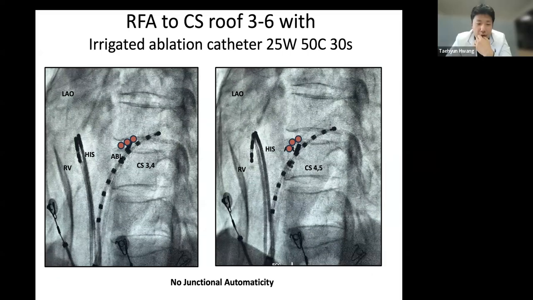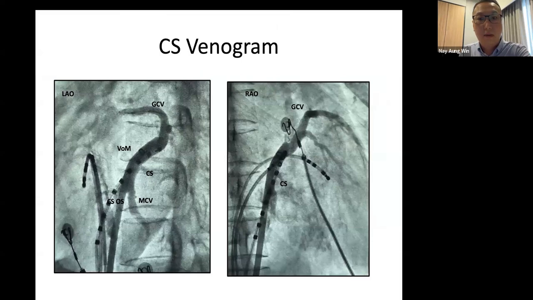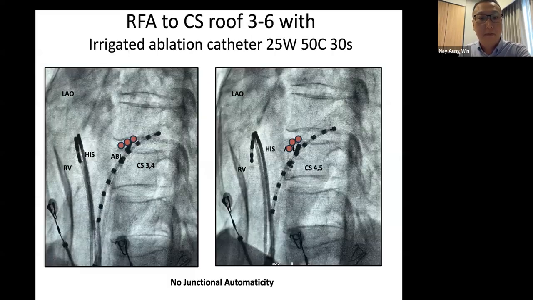Is this the same position of the CS decapolar catheter? Because I think the CS catheter is slightly pulled back. Maybe.